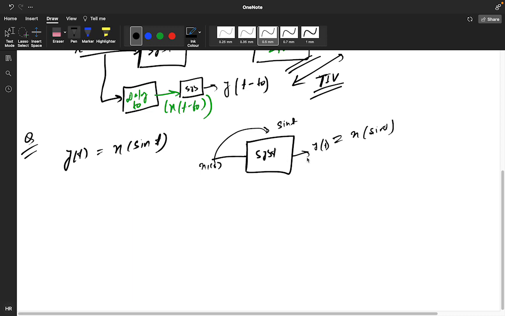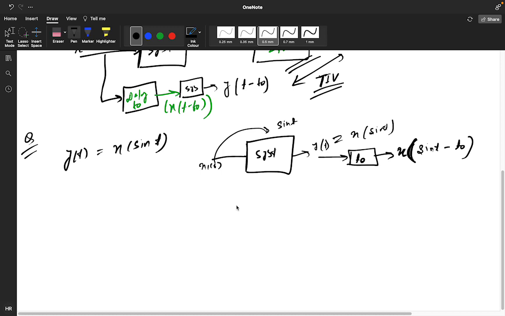Now if I delay this with some t naught, what I will get as output is x of sine t minus t naught. Okay, in this function the delay will happen.